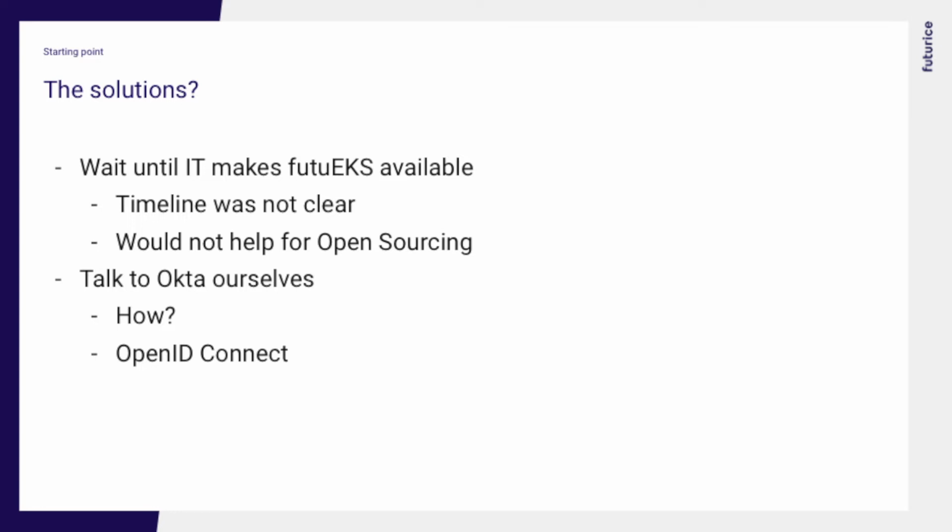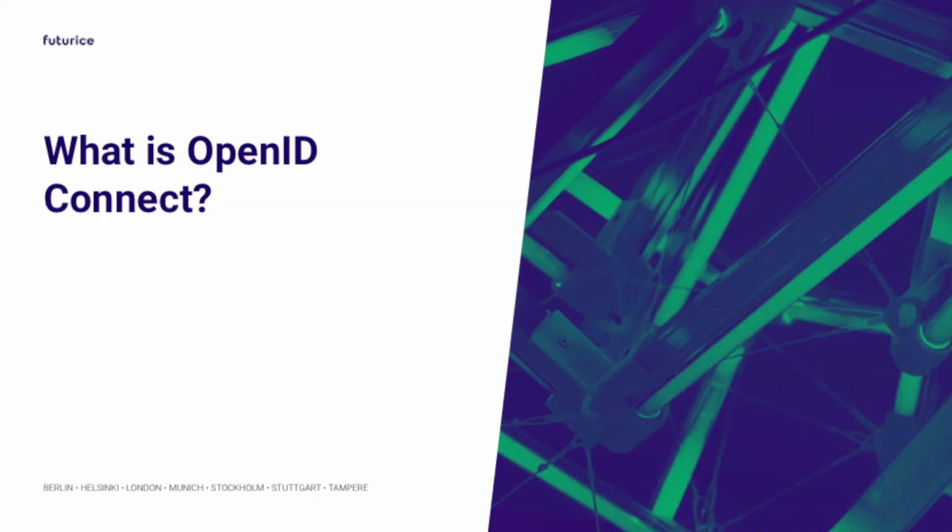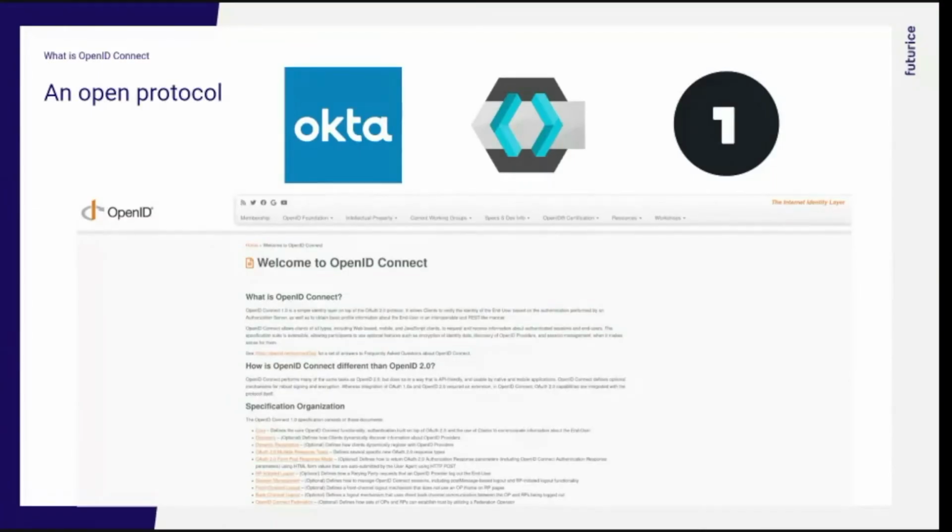Okay, I knew it was possible to authenticate with OpenID Connect, and that it is an open protocol, that it's supported by at least Okta and all the other services. So it should be fine for open sourcing, because if your identity provider doesn't talk OpenID, you should get a new provider. So what is OpenID Connect? At the basics, it's just a specification. You see also here, how is it different from OpenID 2.0? So yeah.